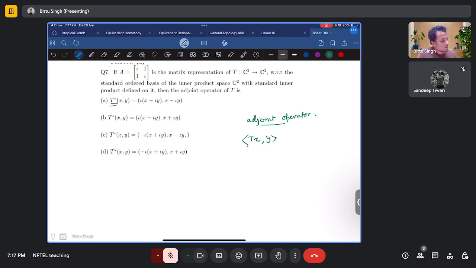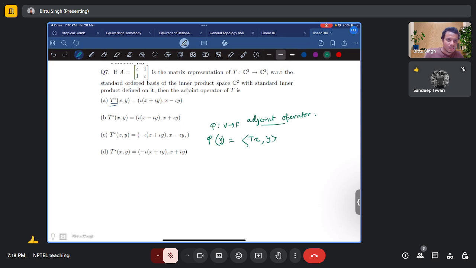If you vary all those y's and fix this x, you can think of this Tx comma y as a linear functional. Let me denote it by phi of y. This linear functional phi is a map from the given vector space to C, the field F.